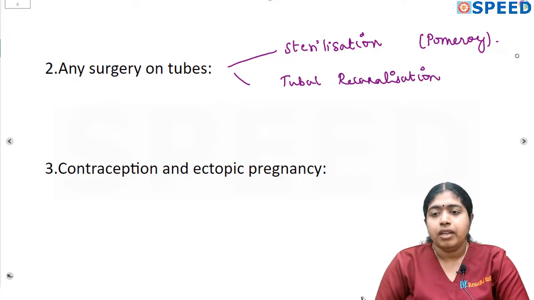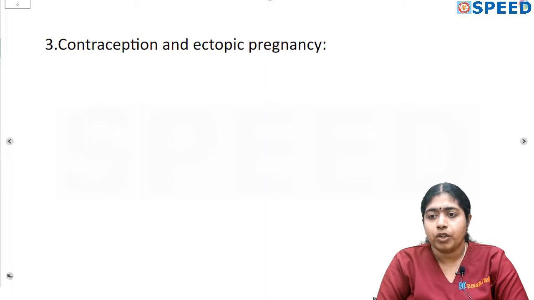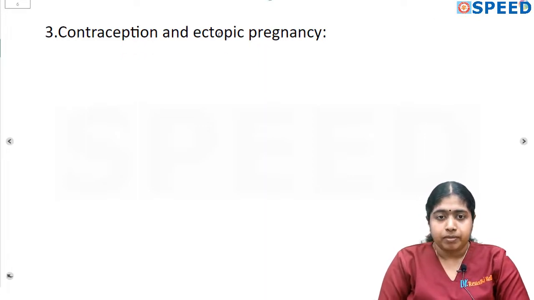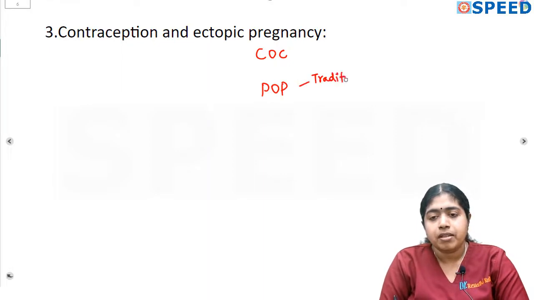Okay, now let's learn. This is a very important topic, contraception and ectopic pregnancies. We do have a lot of contraceptive methods. Let me list the most common ones. Combined oral contraceptive pills, progesterone only pills. In progesterone only pills, we do have traditional POPs and newer POPs. Yes or no? Newer progesterone only pill, we are talking about the desogestrel pill.